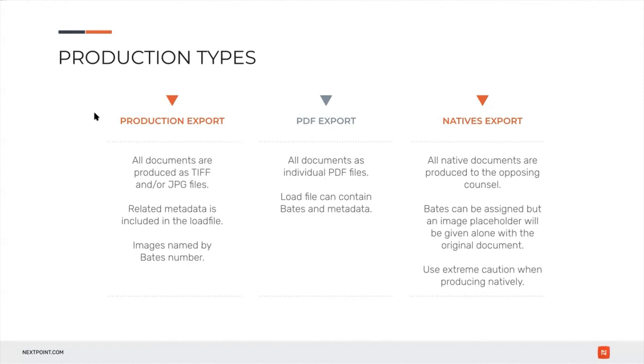This can be troublesome if you conducted any sort of redactions, because if you do a natives export, it's not going to include those redactions, and they're going to be able to see whatever was underneath. So I always like to point out that you should use extreme caution when using a natives export. There are best practices for it, which we'll go over in production exports and exchanges.